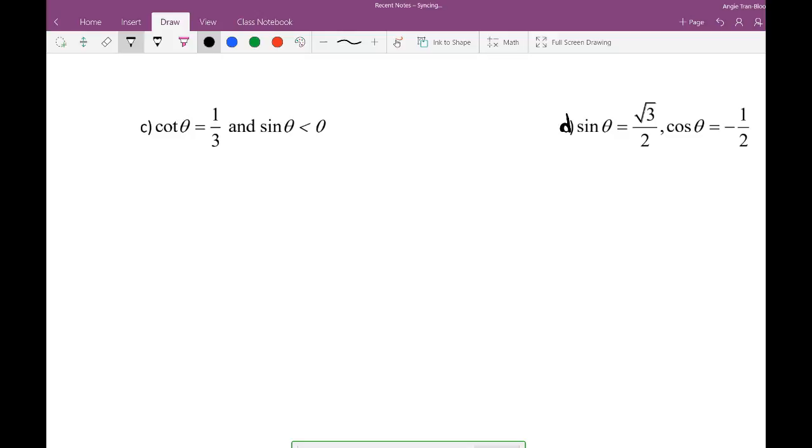Guys, what quadrant is your data in? 3. Okay, thank you. So you should have your triangle in quad 3, right, Natalie? No, yes?